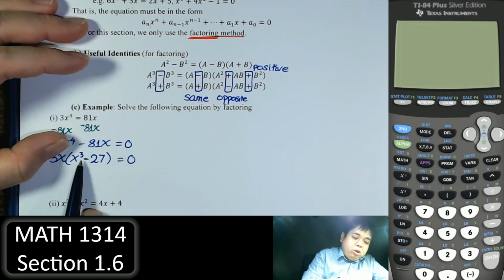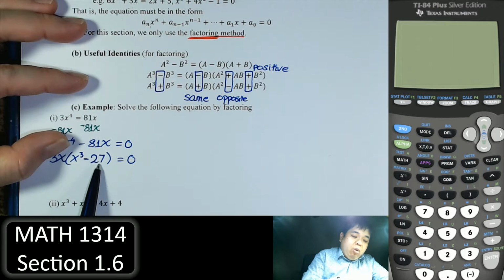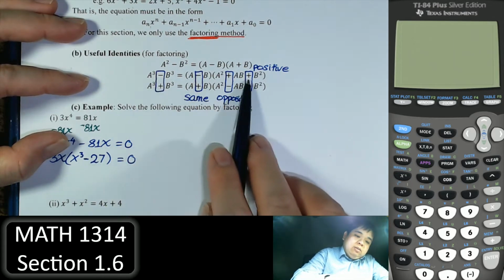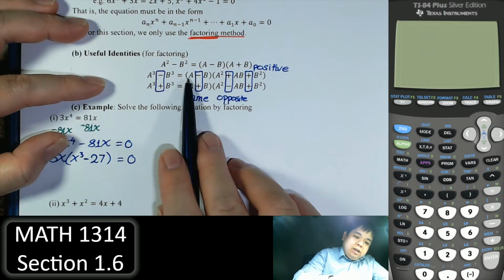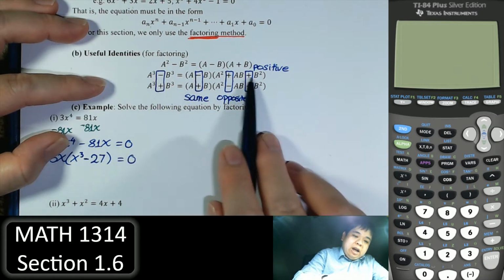So we have a cube, and 27, if we can rewrite it as a cube, we can use this identity.